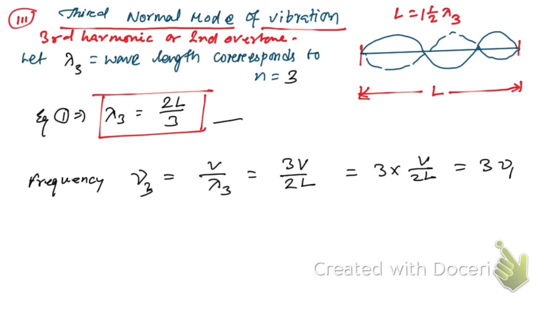So frequency of the n-1th overtone. For the second overtone, here we have got 3. For the third overtone, here we're going to get 4, right?